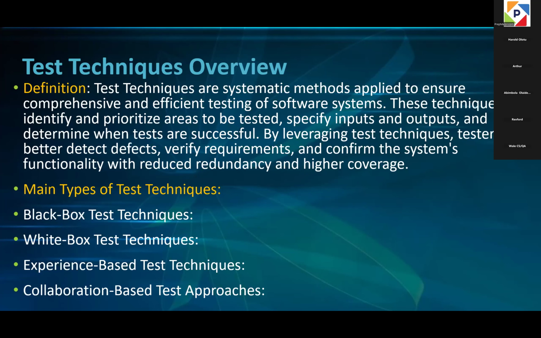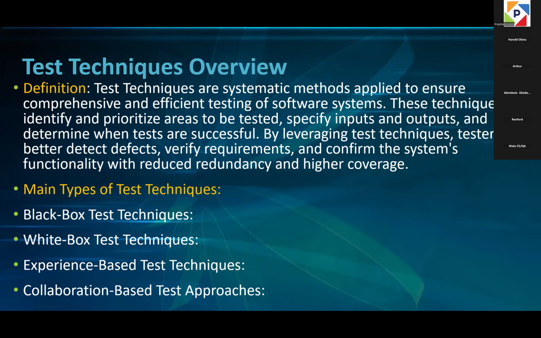that are employed in the industry. So first and foremost, let's look at what test techniques are. Test techniques are a systematic method employed to ensure comprehensive and efficient testing of software systems.